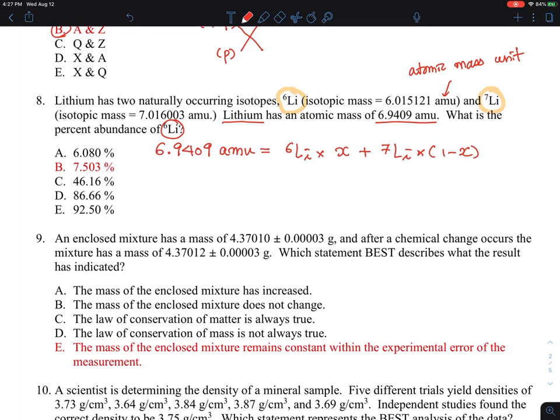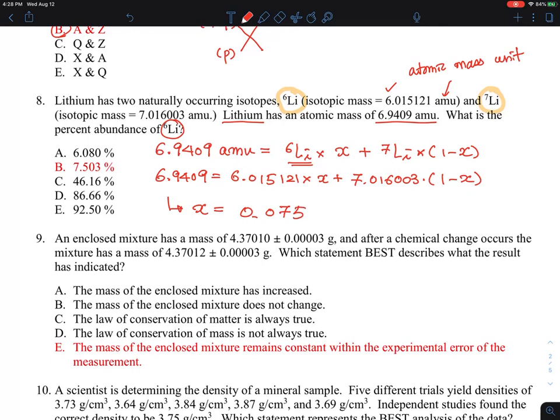Okay, and then this equation becomes 6.9409 equals 6.015121 times X plus 7.016003 times 1 minus X. Then you can solve it for X, and you will find that X is 0.0752.